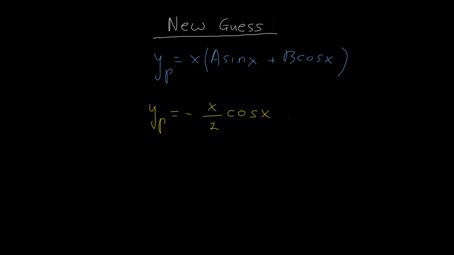I'm not going to go through it. I want you guys to verify that. It's just algebra and some basic calculus. Just by differentiating and then doing the same substitution again with our new y particular, you should get your y particular to be negative x over 2 cos x.